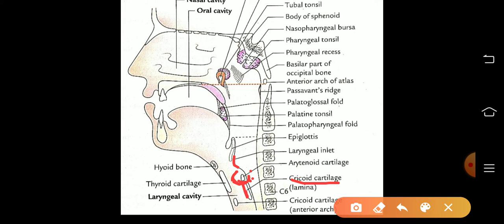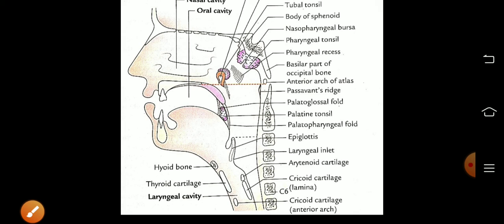So the features of the anterior wall are the laryngeal inlet, arytenoid cartilage, and cricoid cartilage. In its lateral wall, there are two pyriform fossae, one on either side of the laryngeal inlet, which is not seen in this picture. That is a feature of the lateral wall.